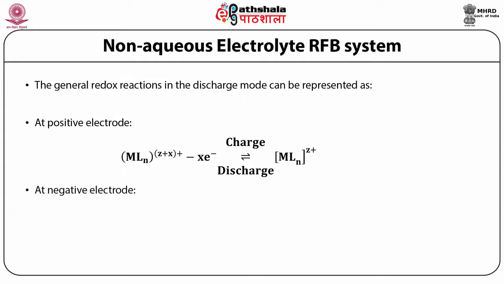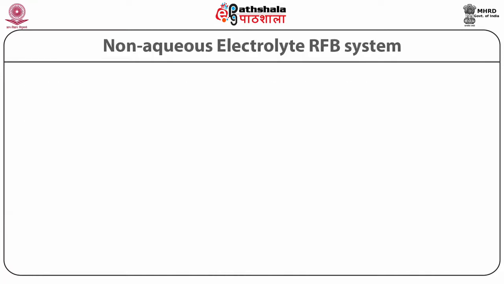At the negative electrode, M L_n z minus y plus y electrons charges or discharges to give M L_n z plus, where M is a transition metal, L is a ligand, and n is the number of ligands.